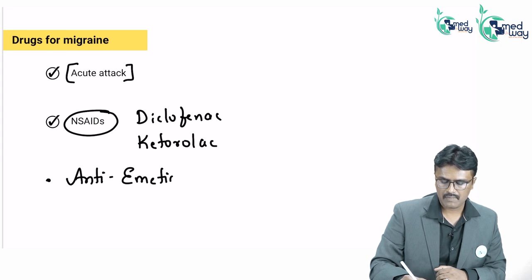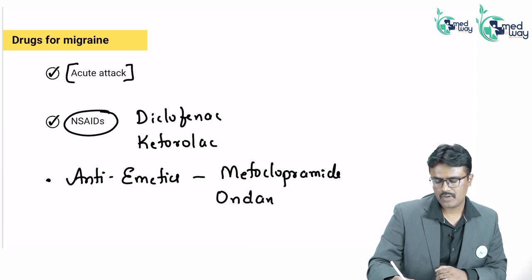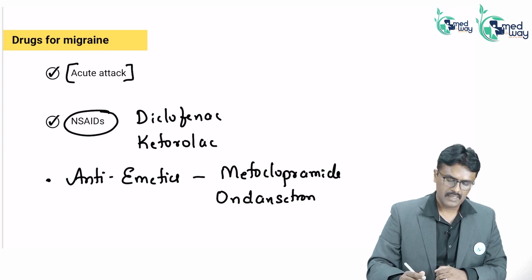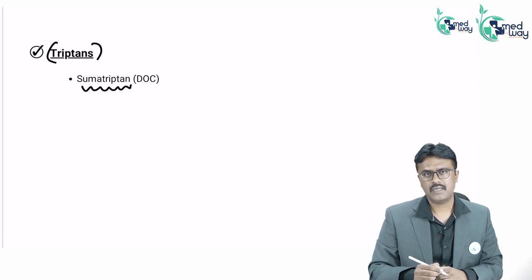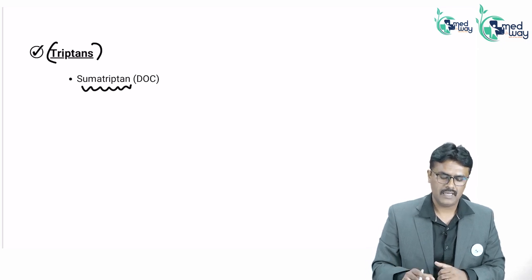Number one, we can give metoclopramide, or we can give ondansetron for stopping the nausea and vomiting feeling. Then the drug of choice is triptans. Sumatriptan is the drug of choice, and it can relieve the headache faster.